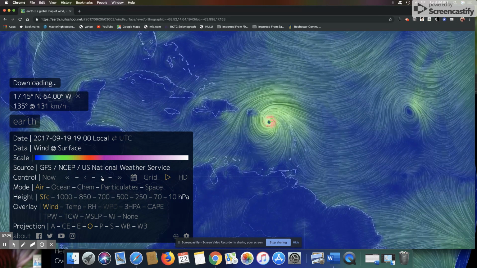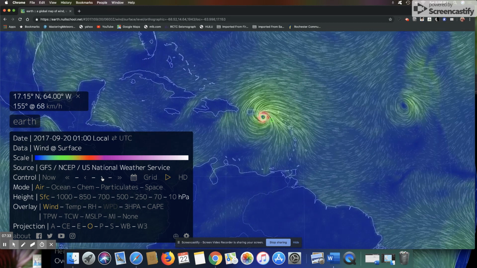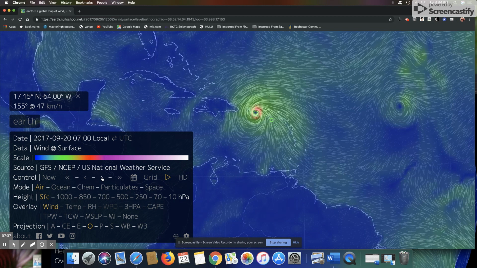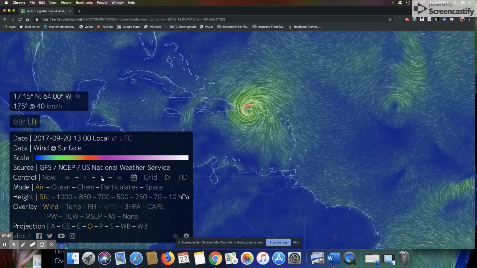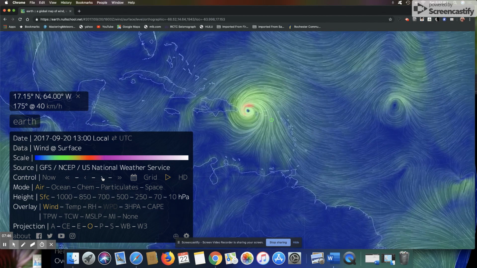We'll slow it down though. We'll just go a couple hours at a time and watch it just take a real bullseye right onto the island of Puerto Rico. And you can see it just passed over there as a major storm.